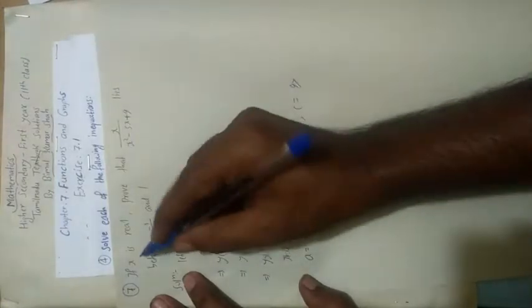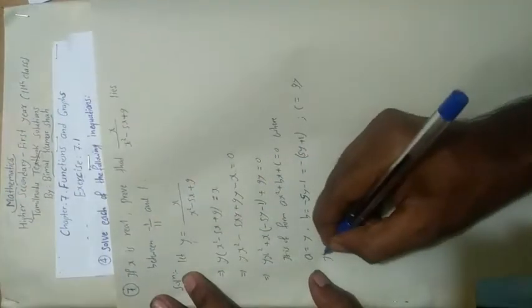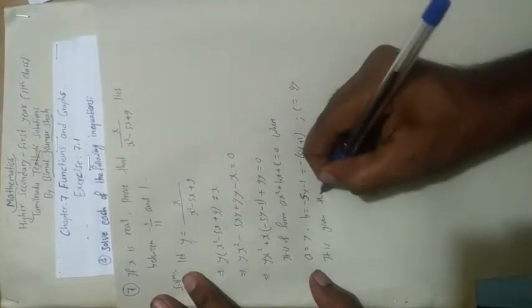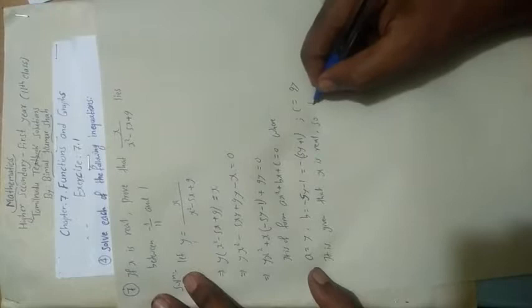Now you can see that if x is real condition, so you can write here it is given that x is real. Okay, it is given that x is real. Okay, so discriminant must be greater or equal to what? 0.